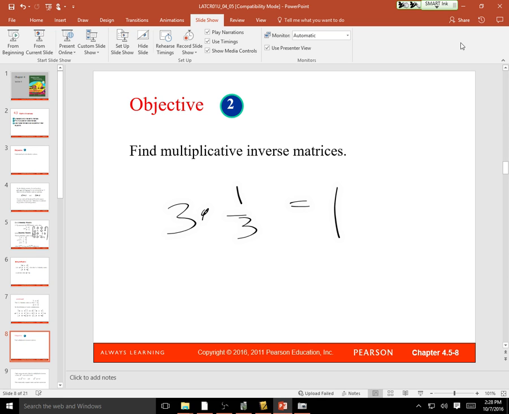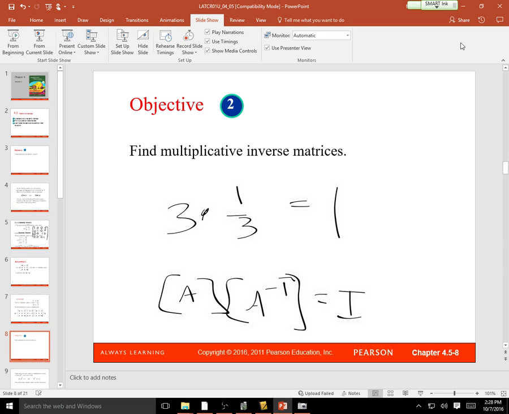Questions there? So if I take a matrix and multiply it by its inverse matrix, I'm going to get the identity matrix. Cool? So basically you're multiplying it by the reciprocal. No, it's not the reciprocal. It's the multiplicative inverse. They're very similar ideas, but they're not the same thing. Okay?